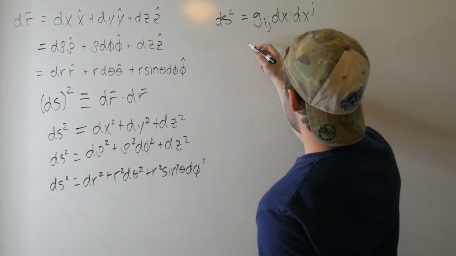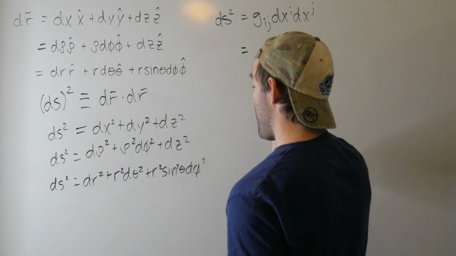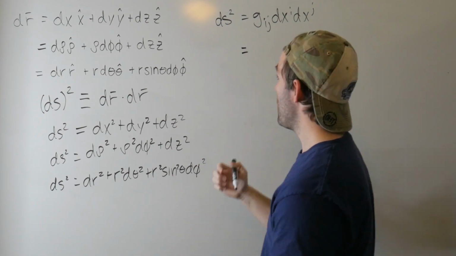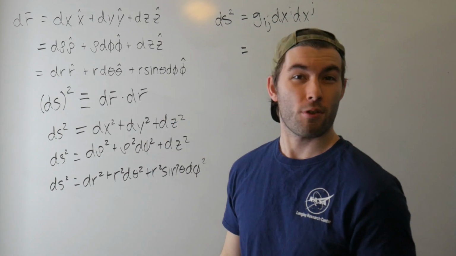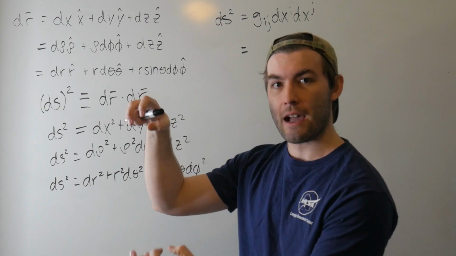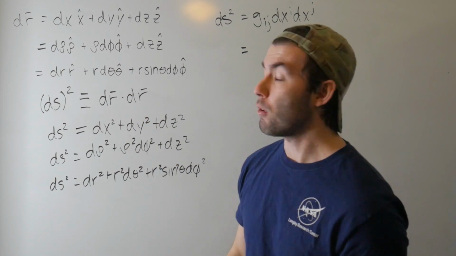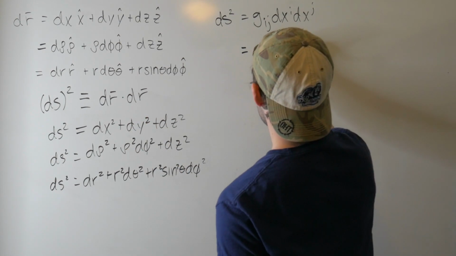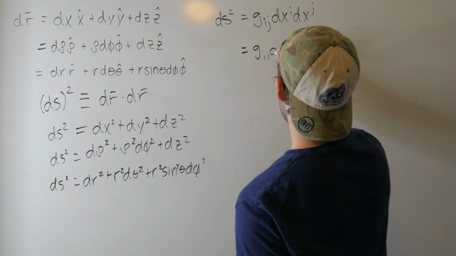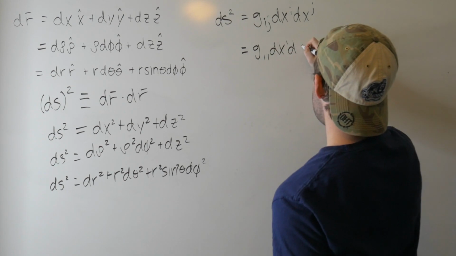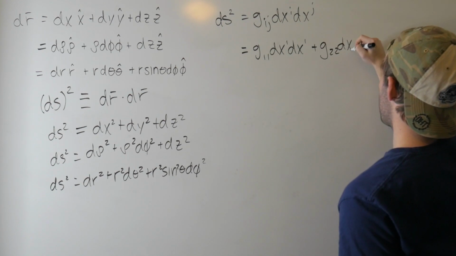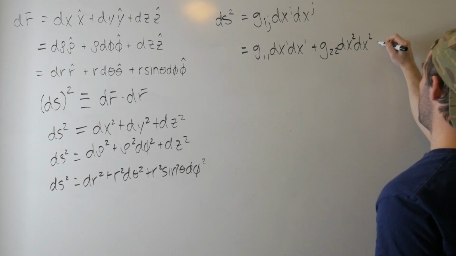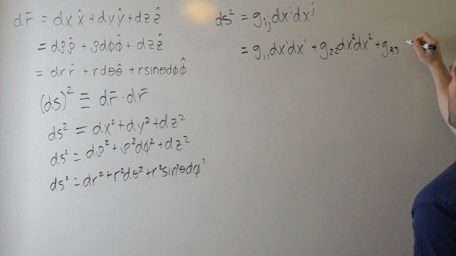So if we were to write this out component by component, since we have an orthogonal system, you can represent this metric tensor as a square matrix, and for an orthogonal system that means that those off-diagonal components are going to be 0. So we can say that this is equal to g11 dx1 dx1 plus g22 dx2 dx2 plus g33 dx3 dx3.